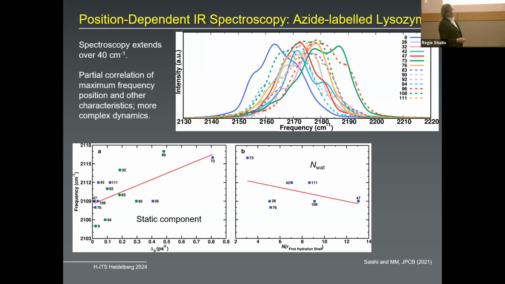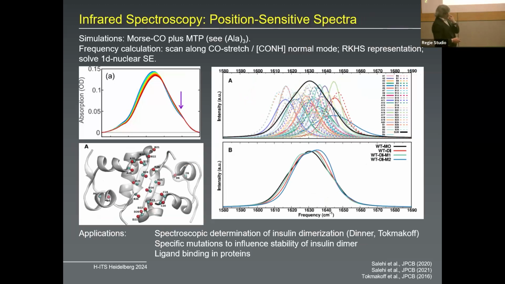We had done other work on insulin, which shows the following picture. There we did the full story. So this is all 102 CO labels of the amide I unit.